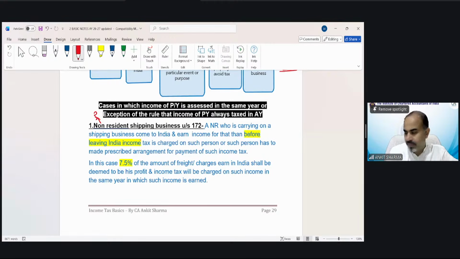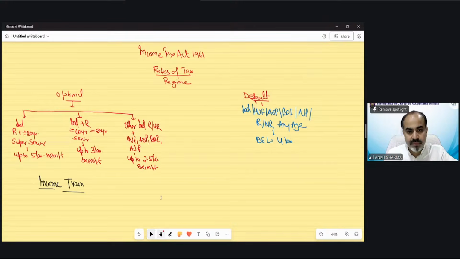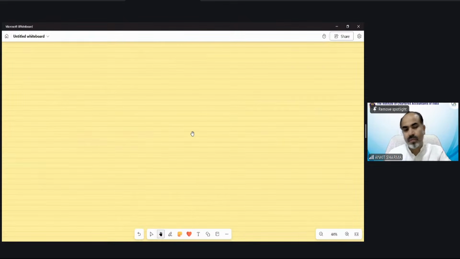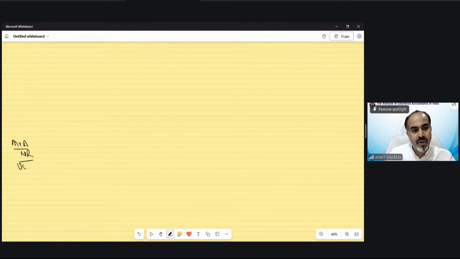Suppose, let me explain with the help of a diagram. Suppose there is Mr. A, who is a non-resident who lives in USA, and he's running a shipping business. So he transports goods via ship. Suppose this is his ship.